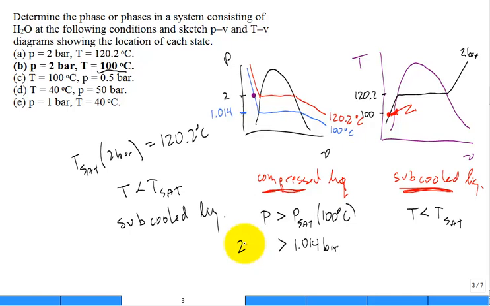And so yeah, 2 bar is greater than 1.014. So you would maybe want to describe this as compressed liquid. Again, let me throw some numbers here as a reminder. The saturation temperature is 120.2 degrees C, and our actual temperature was 100. So it was lower. Okay, let's move on to part C.